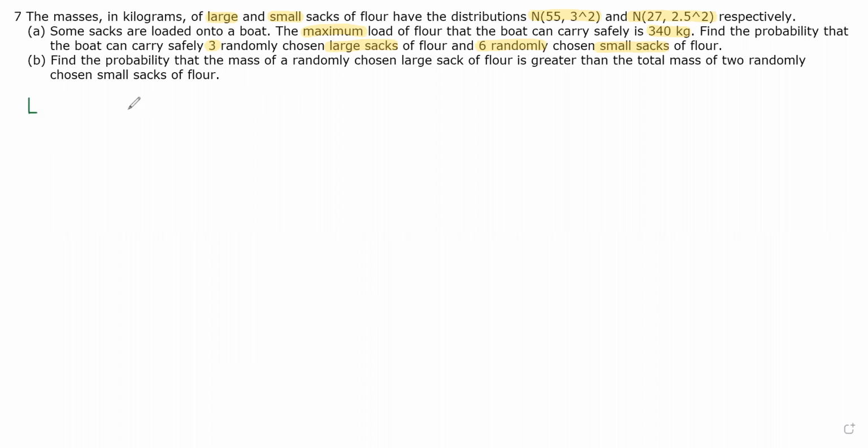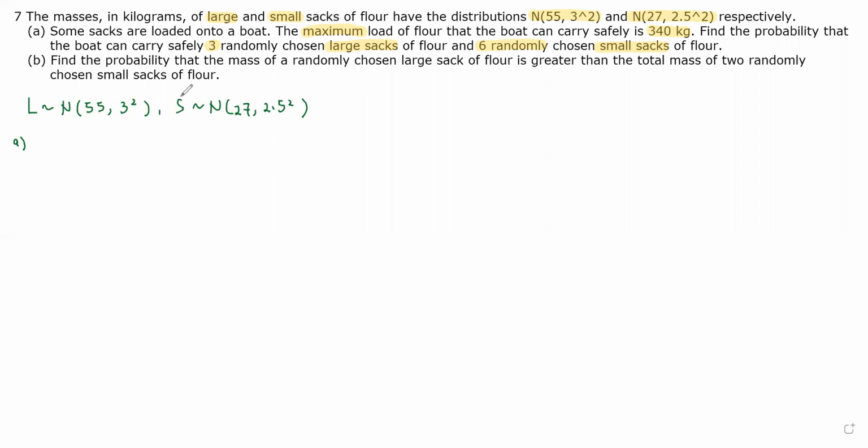Let's say L represents the mass of large sacs, then L follows a normal distribution with a mean of 55 and a variance of 9. And S represents small sacs, so S follows a normal distribution with a mean of 27 and variance 2.5 squared.